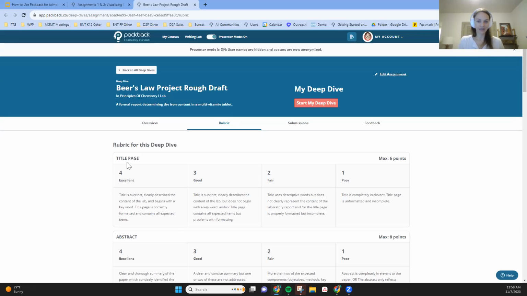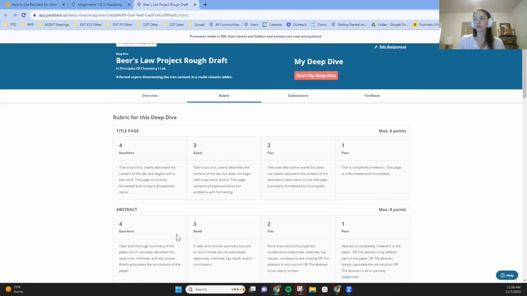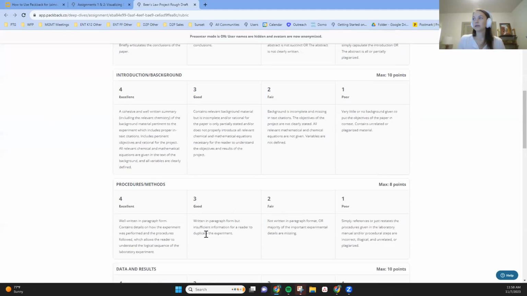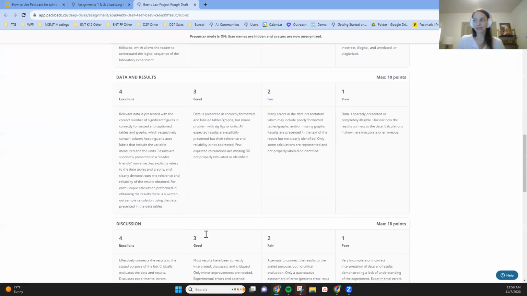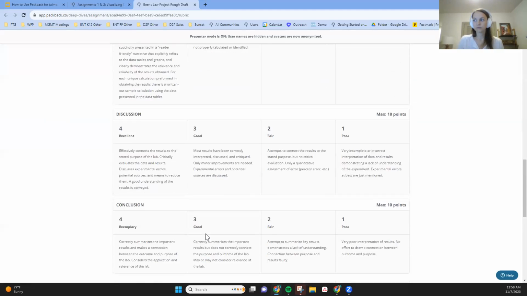So, okay, I'm going to look at the title page. Check. They checked off the boxes or they didn't. Makes it really clear for you, and it also makes it clear for the students why they lost points on these pieces. Same for the abstract. Introduction, procedures, data results, and discussion. Conclusion.